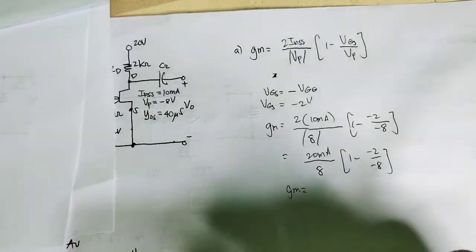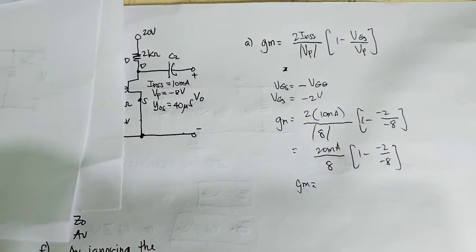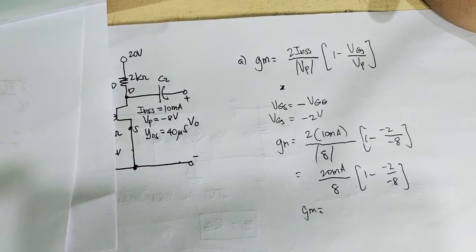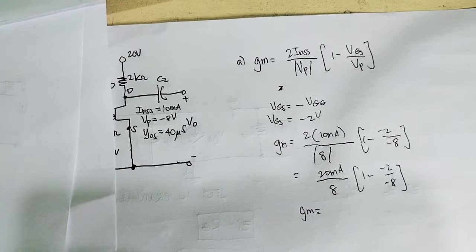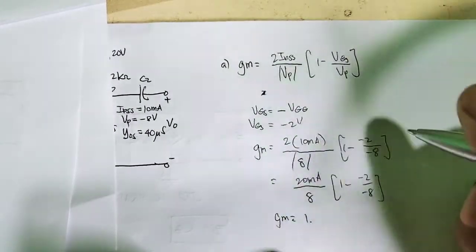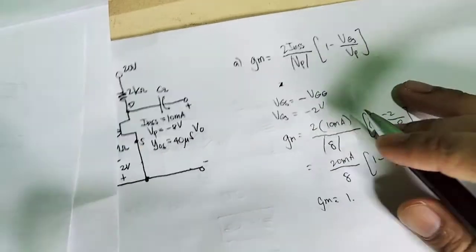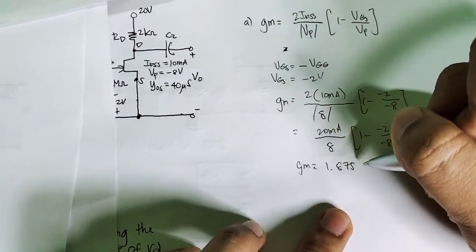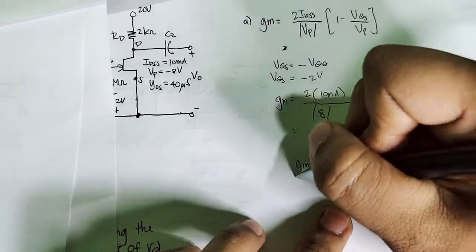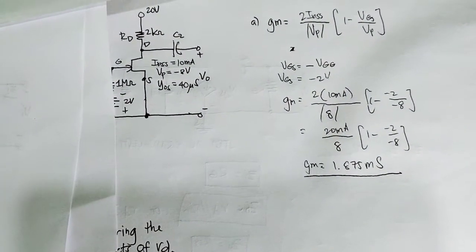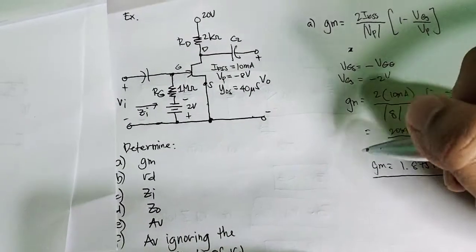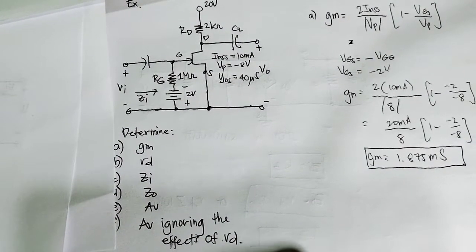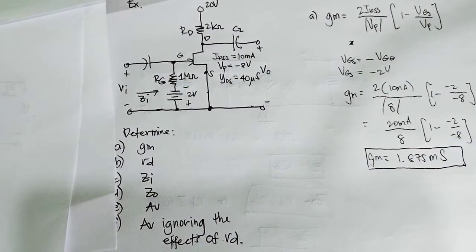So the transconductance is equal to 1.875 millisiemens. Don't forget the unit, it's very important. So gm is 1.875 millisiemens.